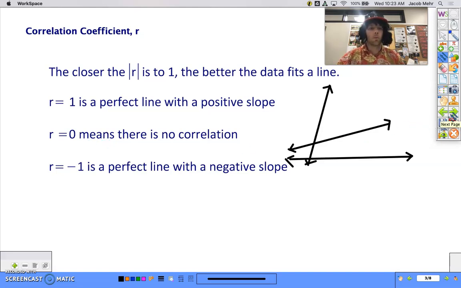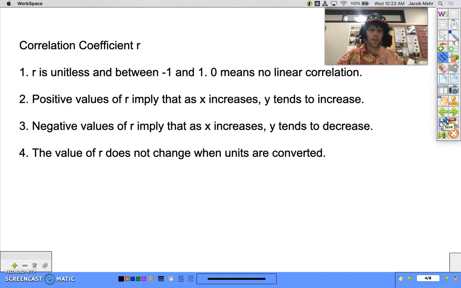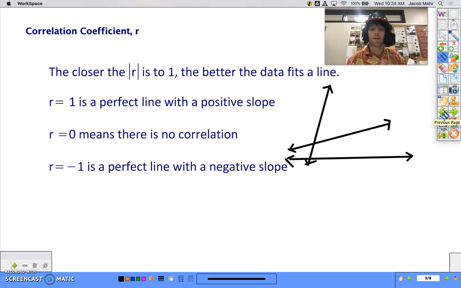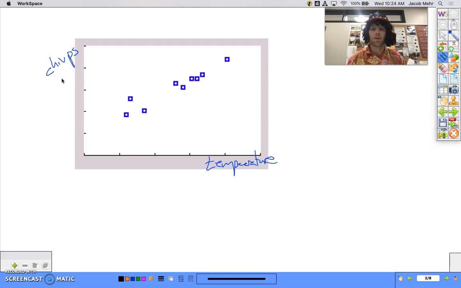To help you understand this, I've got a little bit more information here about R, and then we'll look at some more examples of scatter plots with their correlation coefficients. One thing we need to know is R is unitless. That means there are no units applied to it. If we look back at this situation, it's not like R is chirps per temperature or something like that. Again, it's not a slope. There are no units.